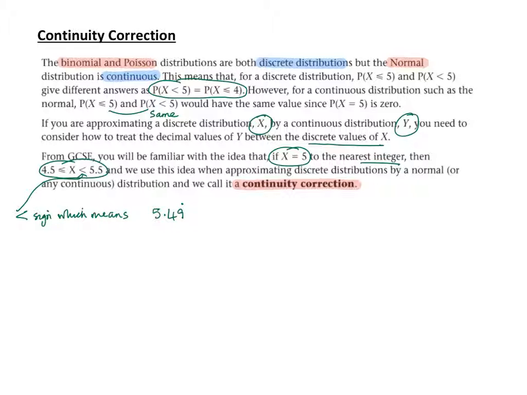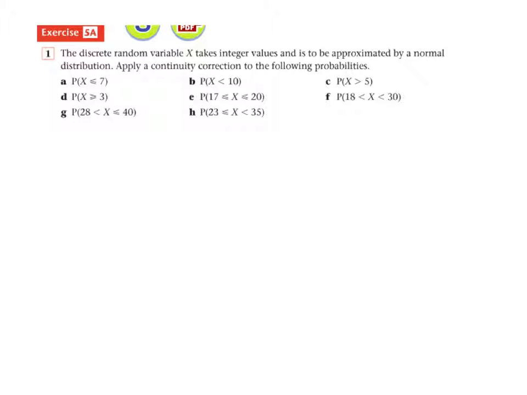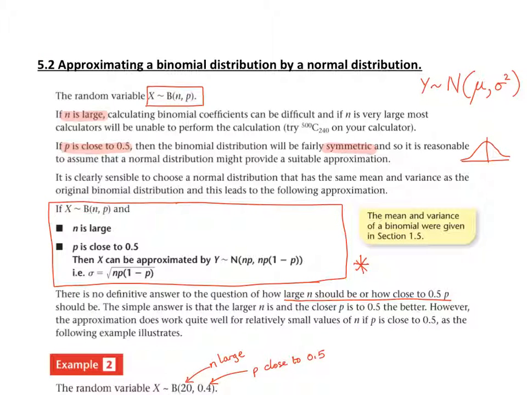And that was like upper and lower bounds that we've looked at before. We then worked through some continuity corrections. We did a little bit of the exercise in 5a, and then we actually approximated the binomial to the normal.